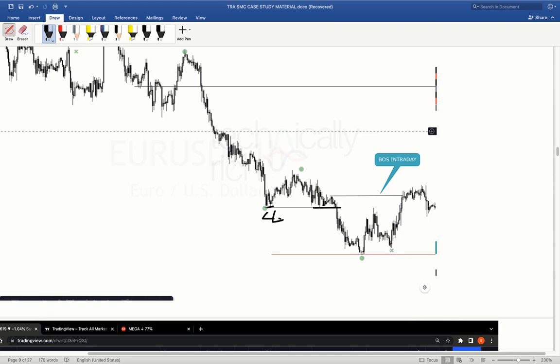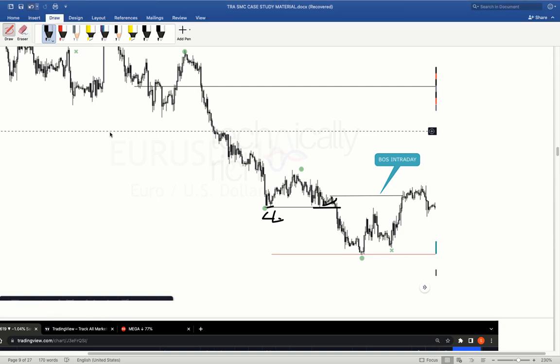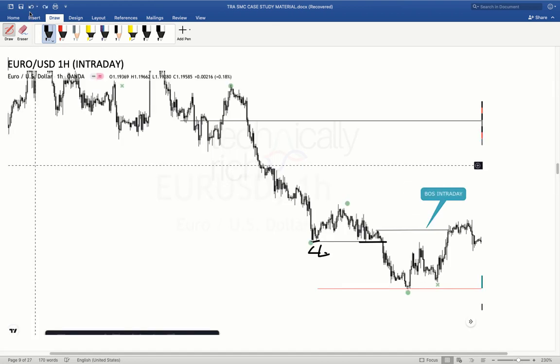There was a little pause somewhere around here that broke this structure, that brought this BOS to continue to the downside before creating this lower low. Meaning that there's something there.